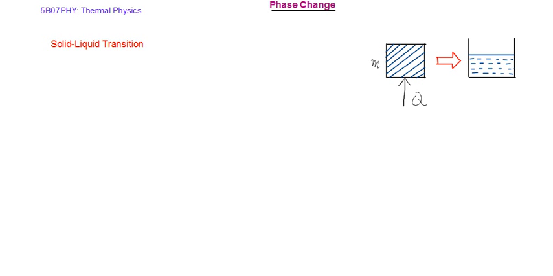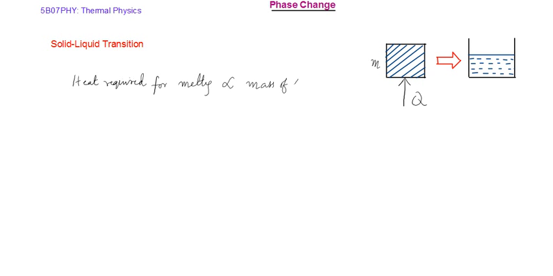Now during this process I can say the heat required for melting the sample, you can see that it is directly proportional to the mass of the sample.